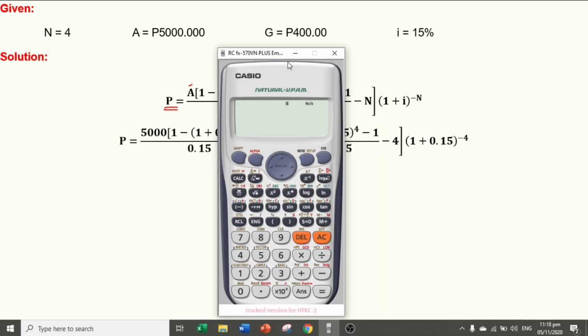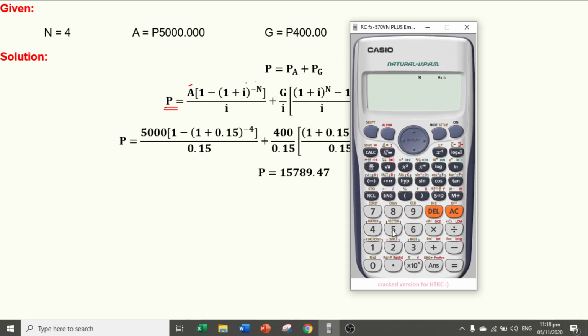Okay, check nga natin. Calculator. Yeah. So, 5,000 quantity 1 minus 1.15 raised to negative 4. Okay. Over 0.15 plus 400 over 0.15.